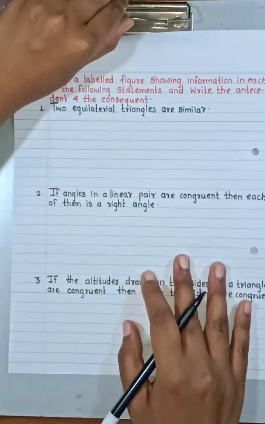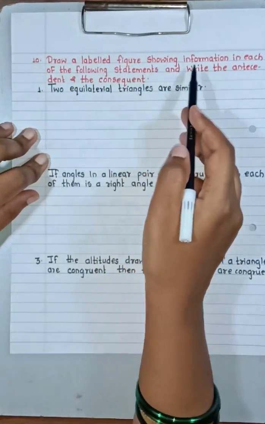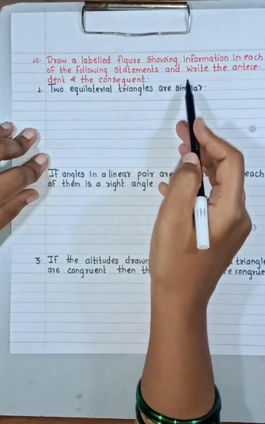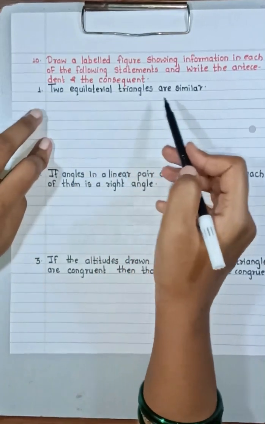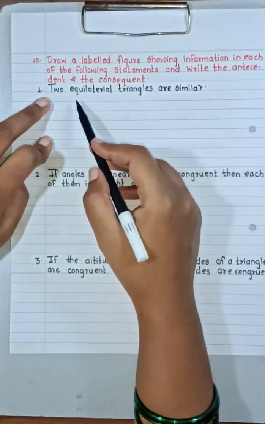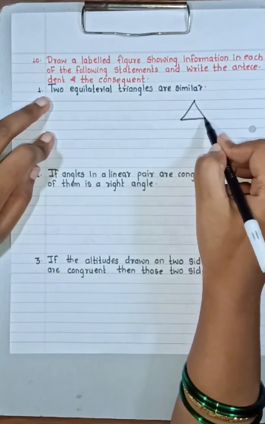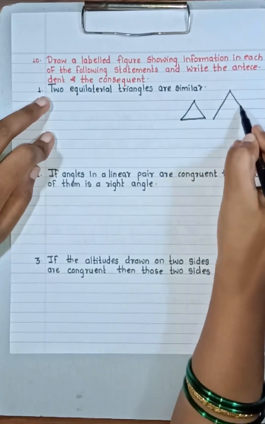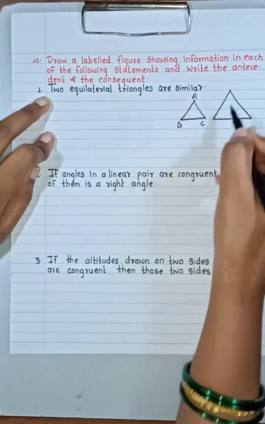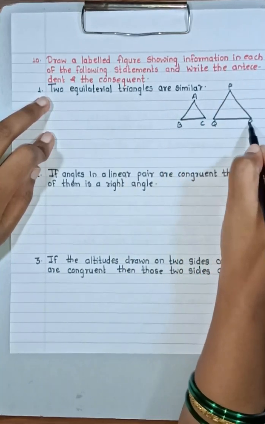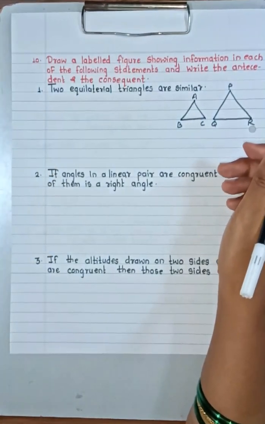Now last one, draw a labelled figure showing information in each of the following statements and write the antecedent and consequent. Now they have asked you to draw two equilateral triangles, or two equilateral triangles are similar. So you can draw it in this way. A, B, C and P, Q, R are equilateral triangles. Okay, and you have to write down the antecedent and consequent.